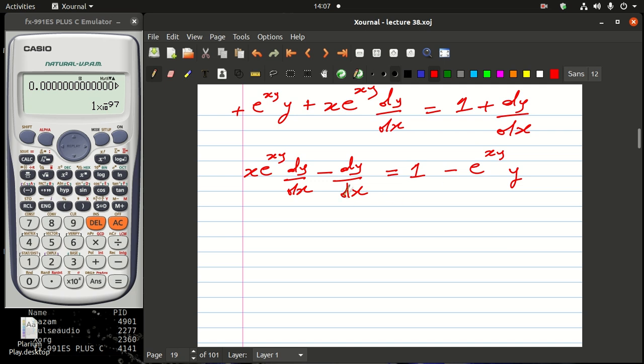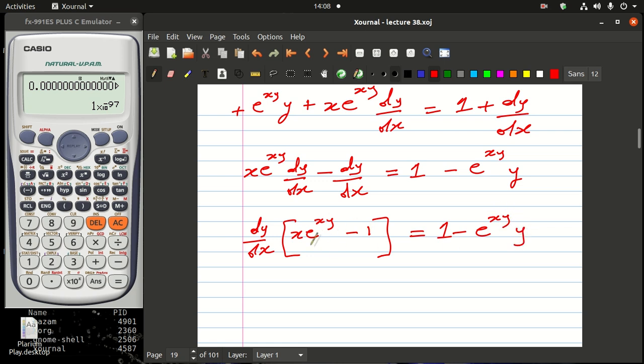And then the next thing that I'm going to do, I'm going to factor out this on the left hand side, so I have my dy dx, and then once this one is taken out, I'll be left with the x e raised to xy, and then once this one is taken, I'll be left with 1. And then this side I have 1 minus e to the power xy times y.